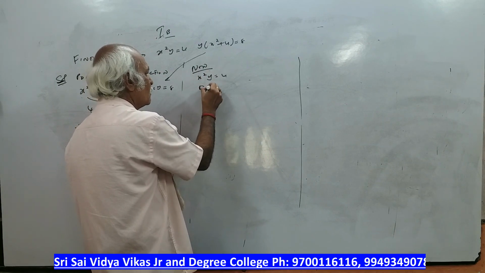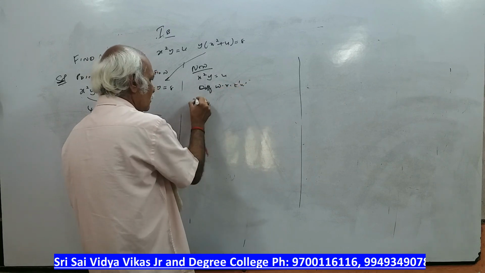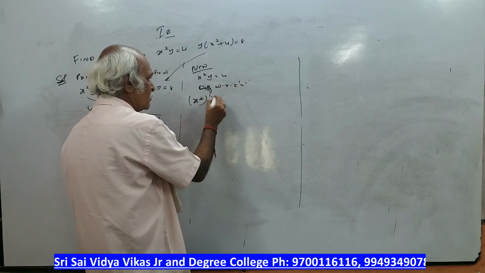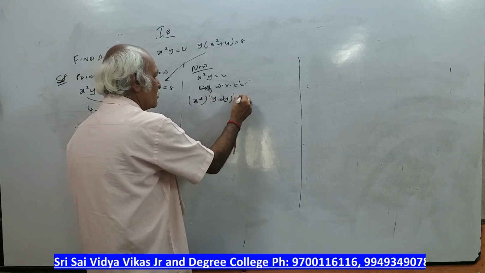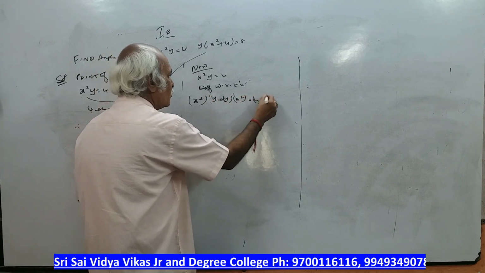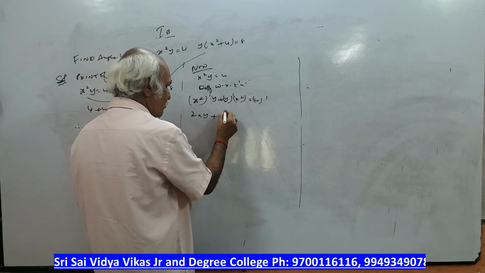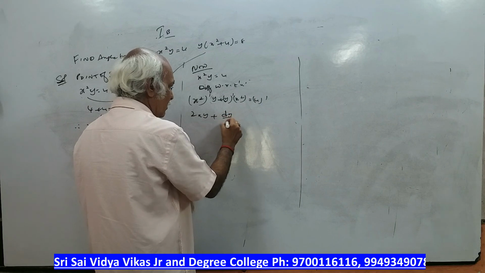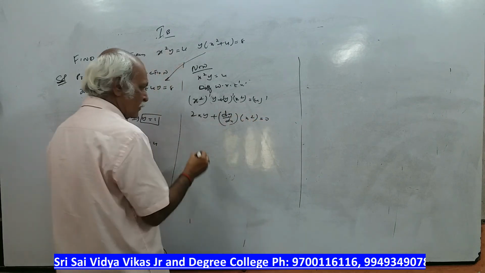differentiate with respect to x. So x square derivative into y, we have to apply the uv formula, sir. y derivative into x square is equal to 4 derivative. x square derivative 2x into y, y derivative 1, dy by dx into x square is equal to 0.